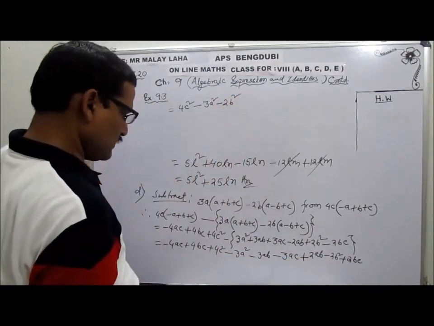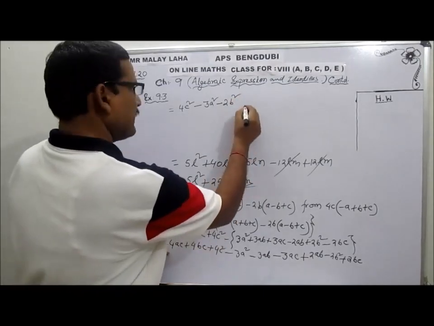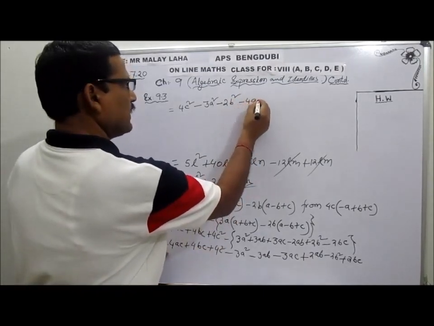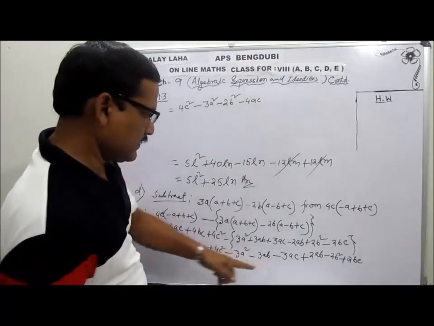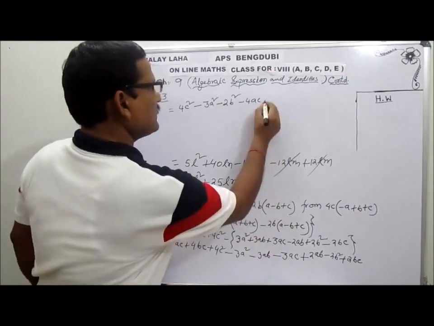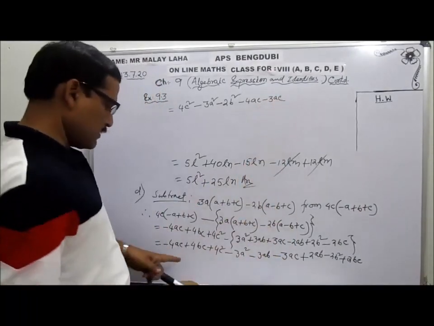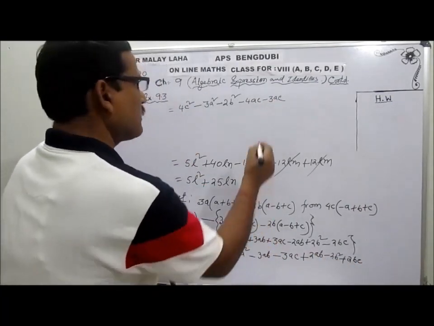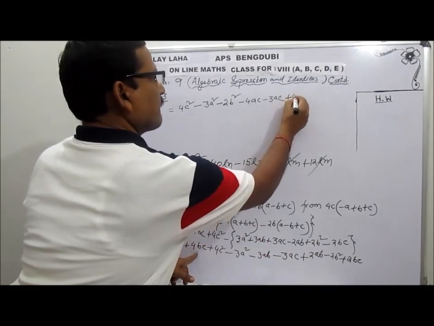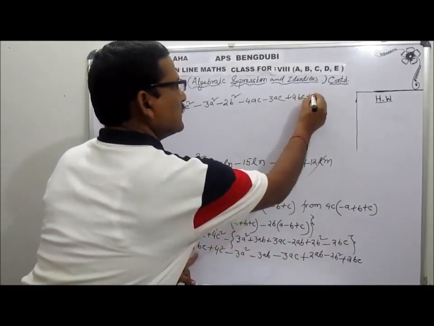Clear? So the square part is over. Now write down the other ones: minus 4ac. Is there any ac anywhere? Yes, here, minus 3ac. Okay. bc: where is bc? Last one. So plus 4bc and last plus 2bc.